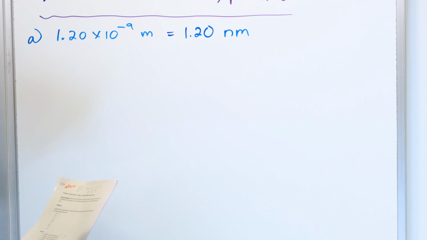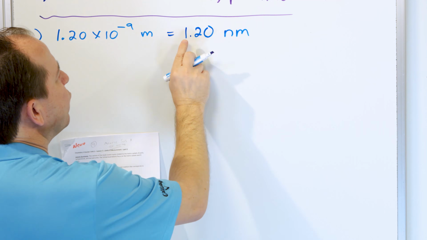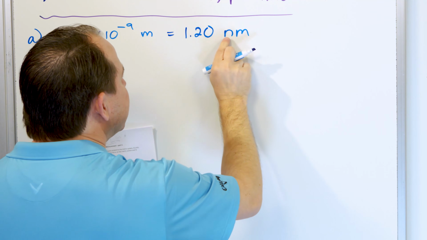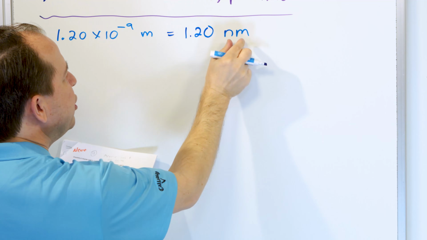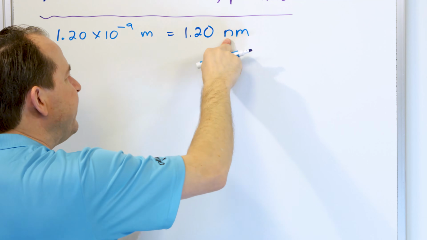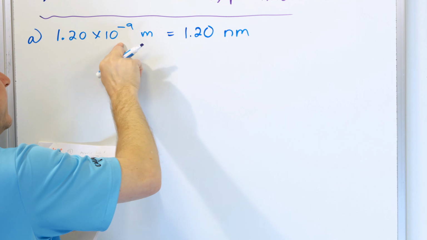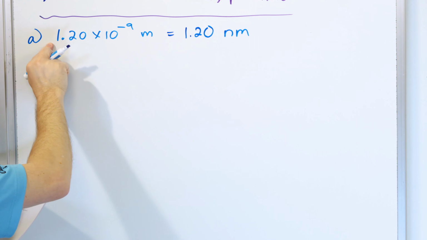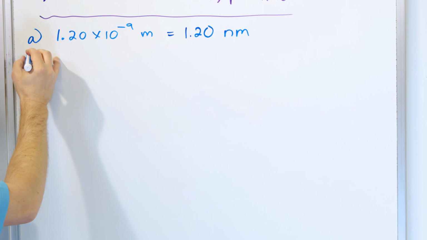So 1.20 nanometers, right? And the way you read this is 1.20, the nano means times 10 to the minus 9 meters. It's a very small unit of meters. The prefix is what takes the place of this exponent here. This is much easier to write than this in calculations, but they mean the same thing.